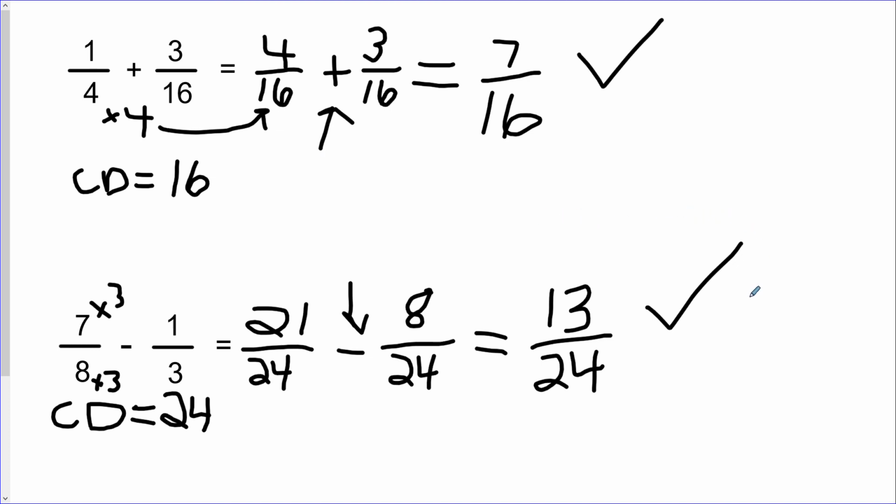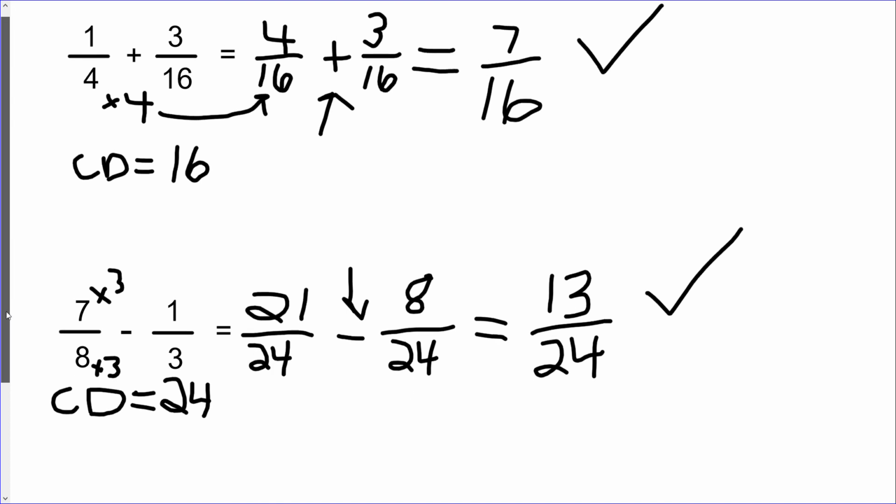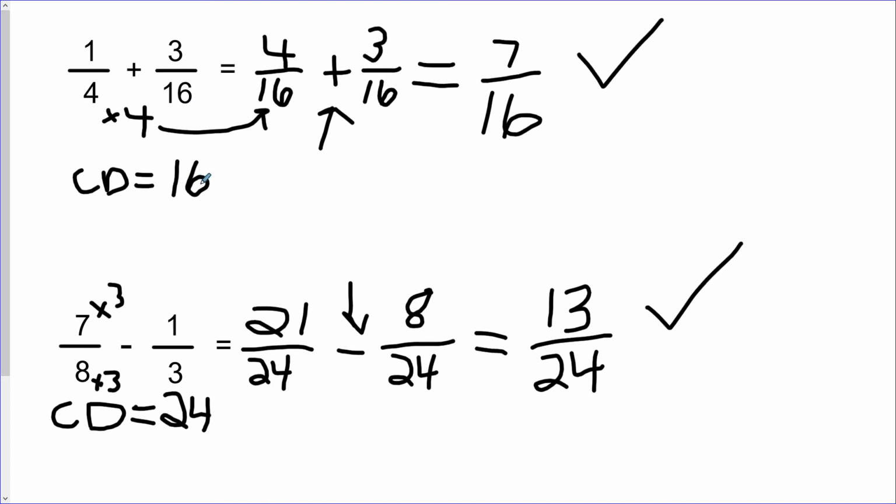Now, one other quick thing to note is if you were to find a different common denominator than the one I've used, that is absolutely okay. You will still be able to get the right answer. You'll just have a slightly different question here. Just as an example, if on this top question we didn't notice that 16 was a common denominator, maybe you did 4 times 16 to get a common denominator of 64, which is also a common denominator of these numbers. So you would have your two numbers with denominators of 64.